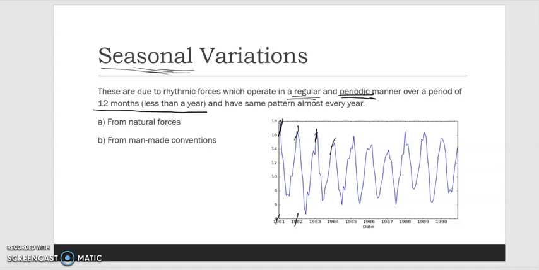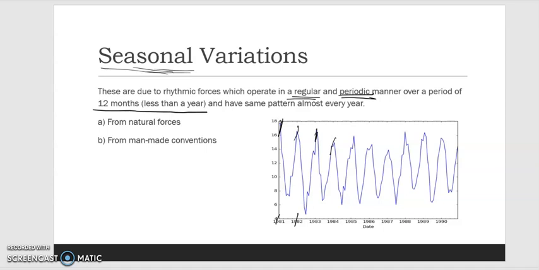So those are from natural sources, and man-made conventions include some seasons like wedding seasons or maybe during festivals. So these are man-made conventions, and it changes from one place to another place, and from one religion to another religion, or from one region to another region. There can be many differences. So the wedding season might be in the month of July in 1 year, and maybe in the month of August in another year.